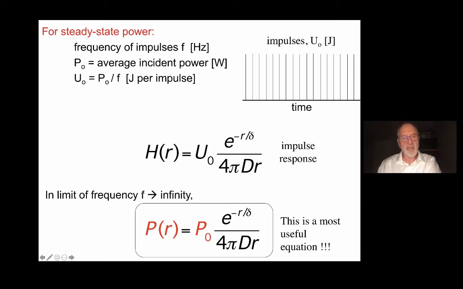In the limit of frequency going to infinity, this equation transforms into the expression for power. The fluence as a function of r is p naught e to the minus r over delta over 4 pi dr. This should be a phi, not a p.